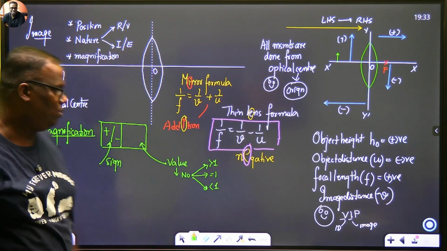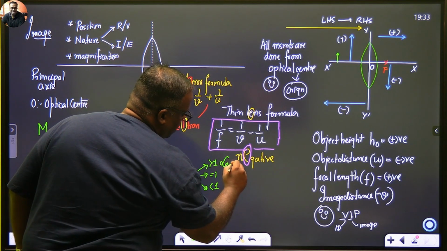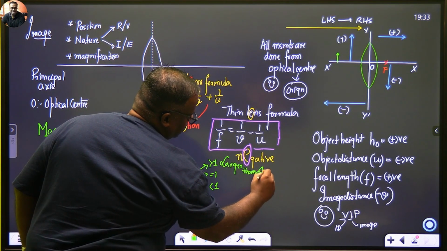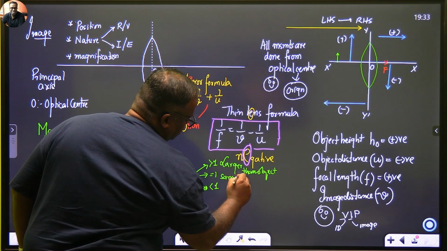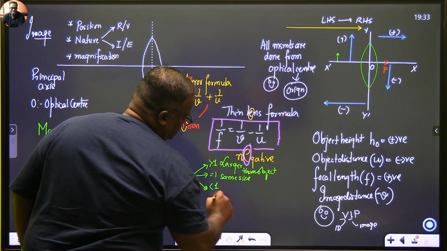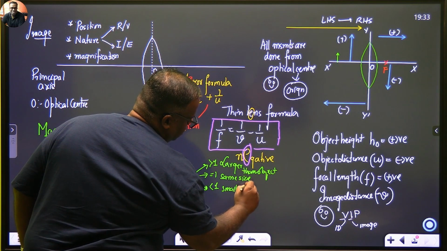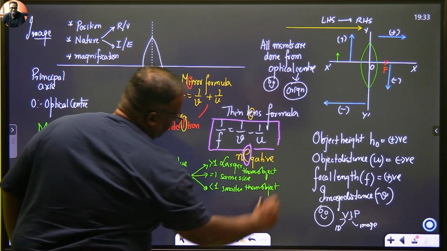So greater than 1 means the image will always be larger than the object. Clear? I'm doing this in detail so that it helps you in your next grade. Same size, and this is smaller than the object. Clear?